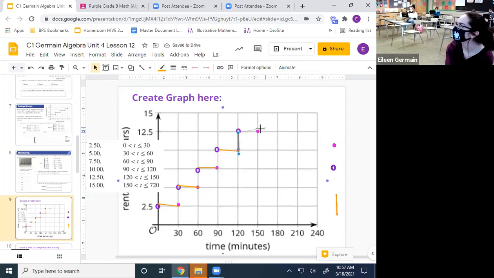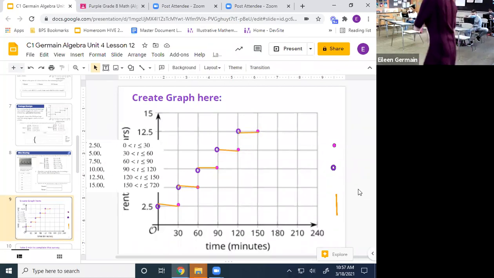Think about what you're gonna do for the end, that last segment. The last segment might be where the trickster comes in.